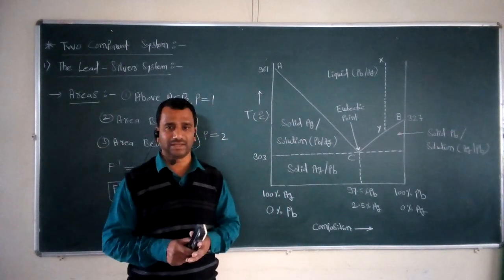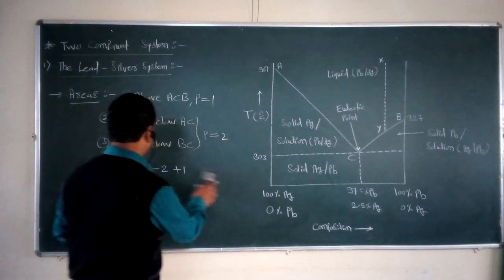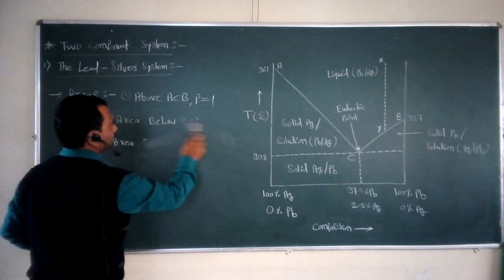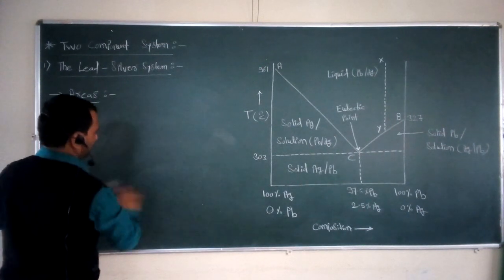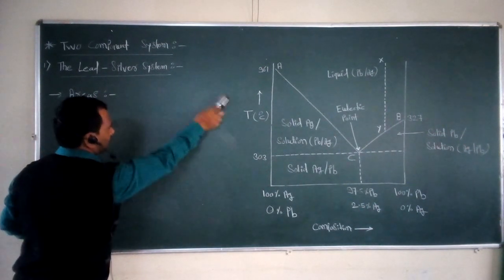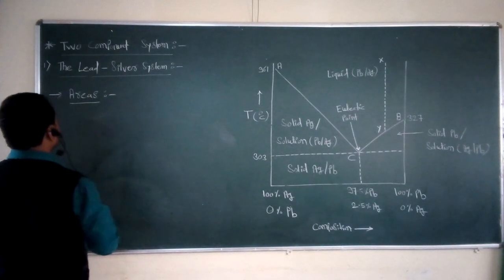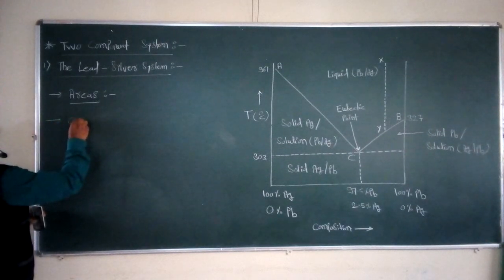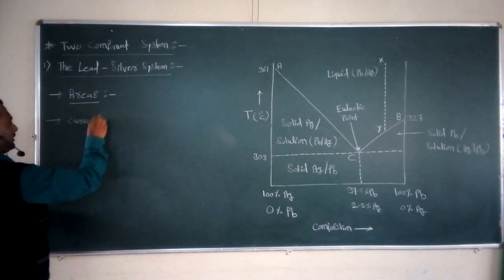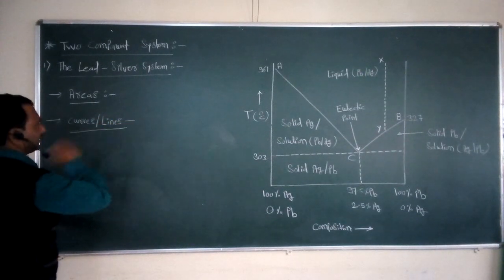In this way, these are the first important part of this phase diagram for the silver-lead system, the areas. Now after that we have to consider the second important part, that is the curves. How many curves are present in this particular phase diagram? That we have to study now. The second important part is the curves, or we may call them lines.